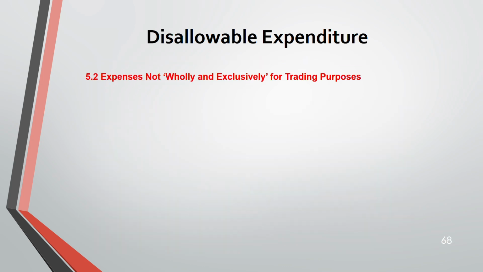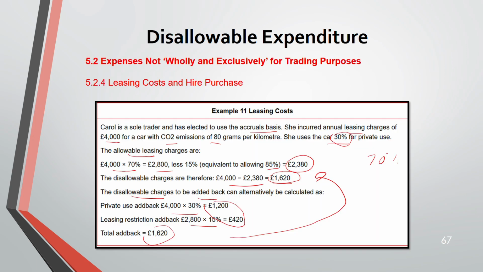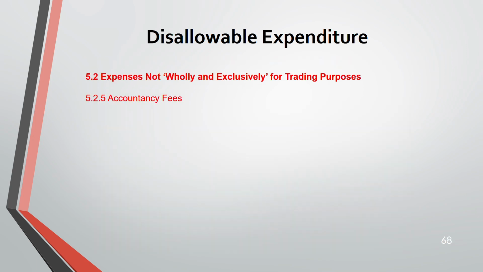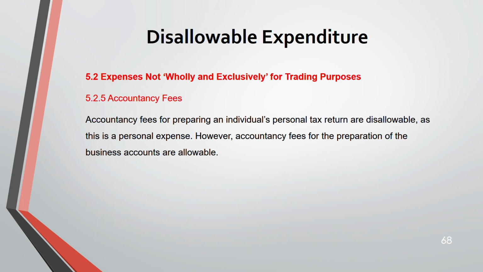Now, next expense, accounting fees. See, accounting fees are disallowable for preparing an individual's personal tax return. Why? Because it's a personal expense. But if the accounting fees is for the preparation of business accounts, that is allowable.